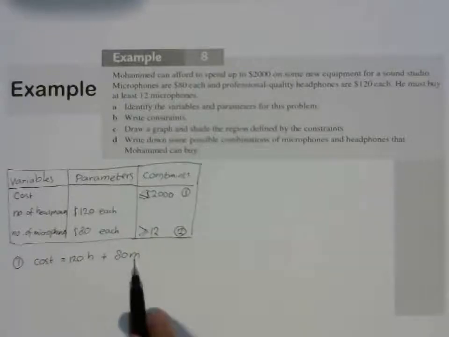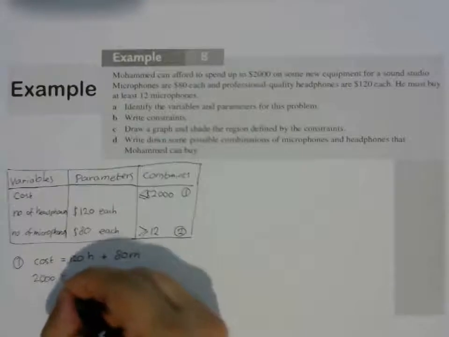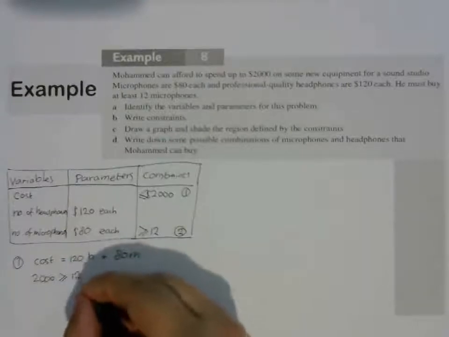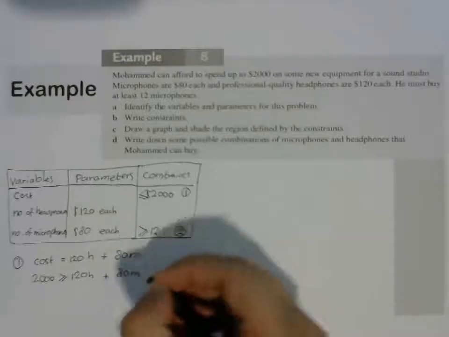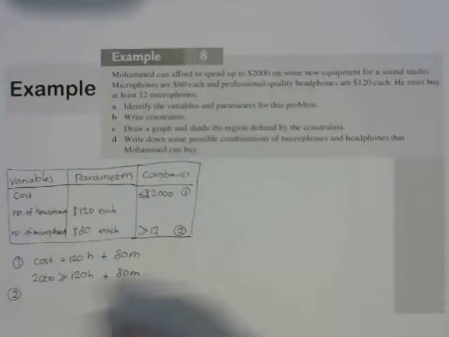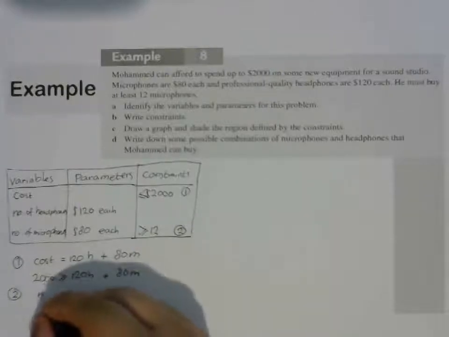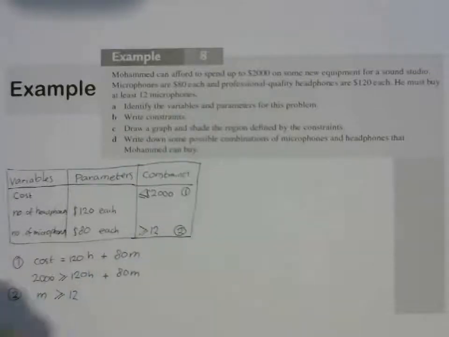So we have $2,000, it always has to be more than the total cost. My second constraint is that the number of microphones has to be larger than or equal to 12.